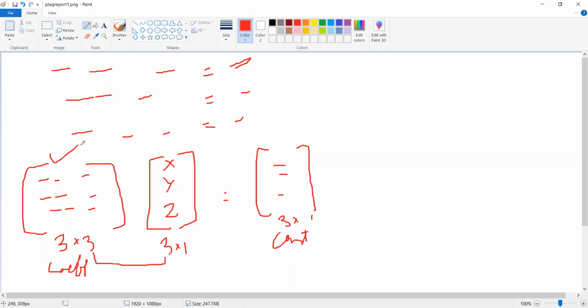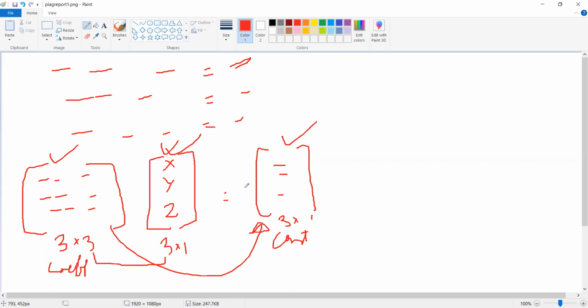So we know this value, we know this value, we need to find out this value, isn't it? So what we'll do is we'll bring this one to this side. So when you bring this matrix to this side, this becomes inverse. Yesterday we learned how to calculate inverse, right?